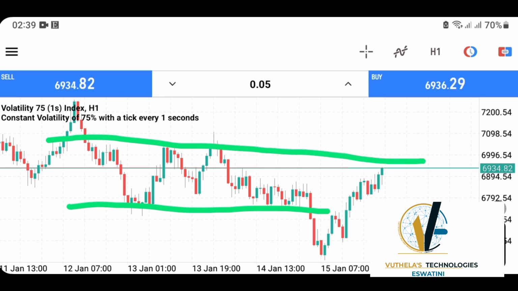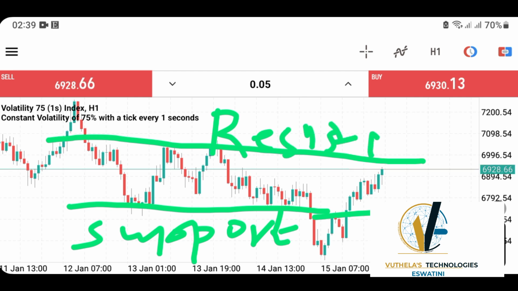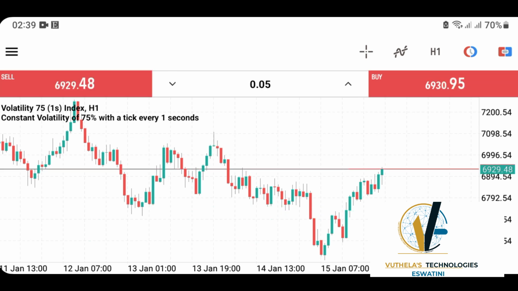Okay, so the road that is at the bottom, we call it a support. Okay, this is a support. The road that is at the top is called a resistance. Okay, resistance level. How do you identify a support and a resistance level?